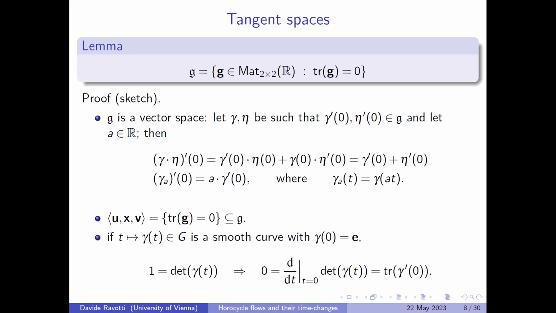If you just write it out, imagining that gamma of t has entries a of t, b of t, c of t, and d of t, and you differentiate with respect to t at t equal to 0, and you remember that gamma of 0 is the identity, you get precisely the trace of the derivative at 0. So if gamma of t is a curve in SL2R, then the trace of the derivative at 0 is equal to 0. And this proves that g is included in this linear space. So this proves the equality of these two spaces.